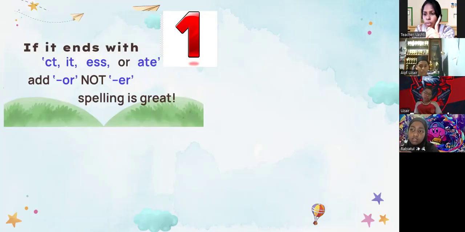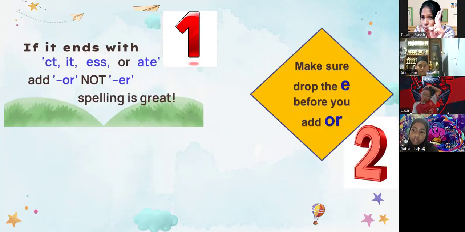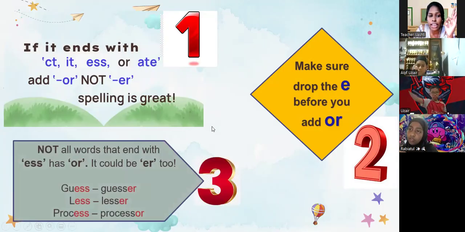That is number one. Second important thing that you have to remember is make sure you drop the E before you add OR. Don't use E and OR. Okay? Drop the E, potong E tu, then only you have to add OR. What is the third one? The third one is not all words that end with S has OR.